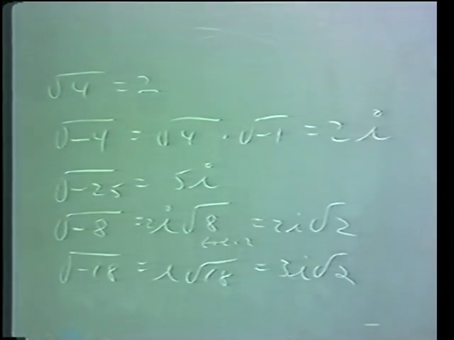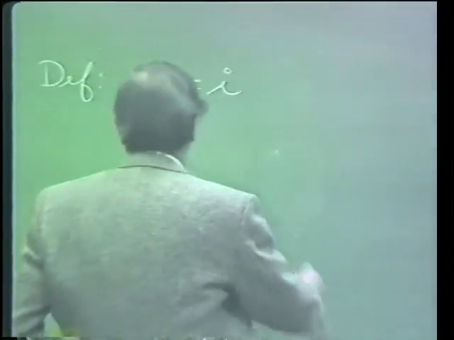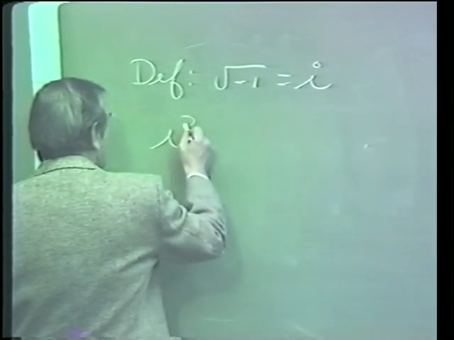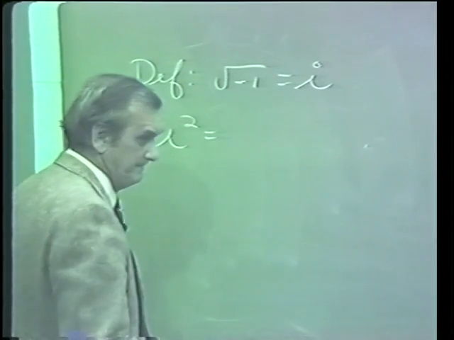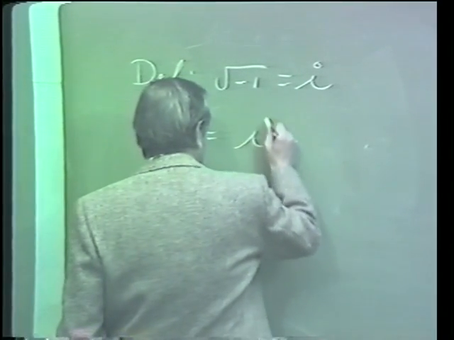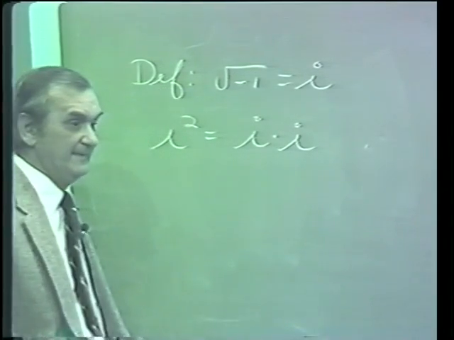Now, in dealing with i's, I can never have an exponent greater than 1. Never. Let's show you why. We know that i is equal to the square root of negative 1. So if I have i squared, that is i times i. Everybody agree with that?